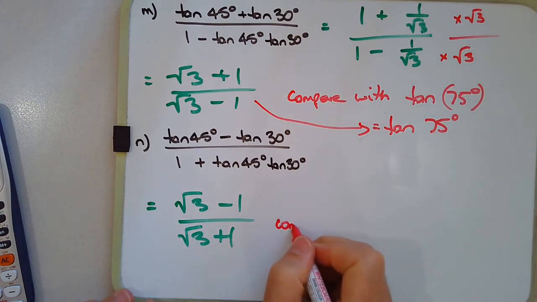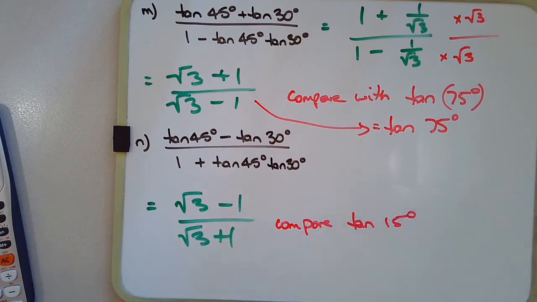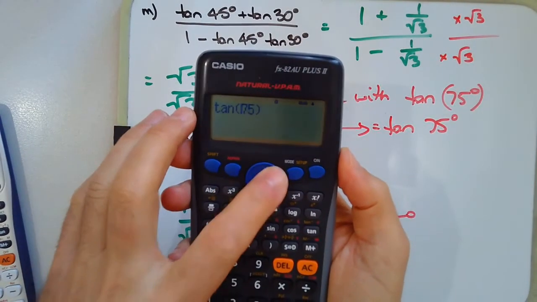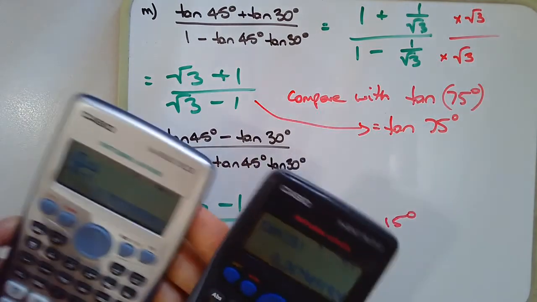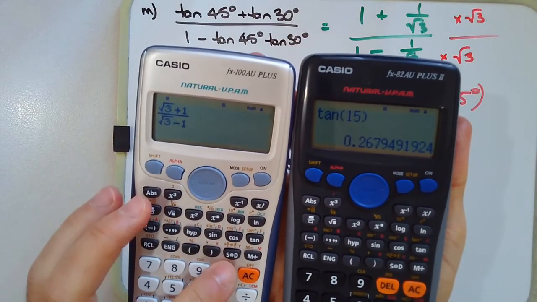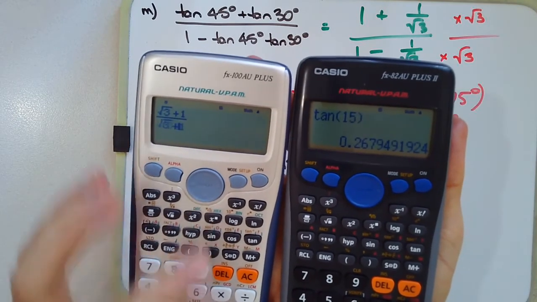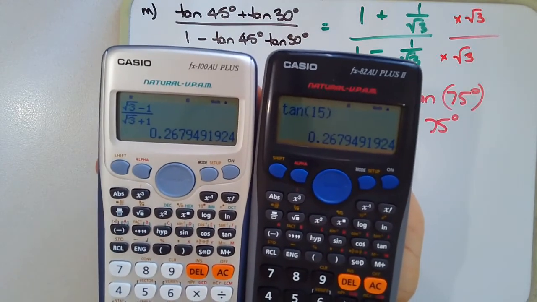Compare with, and if you said tan of 15 degrees, all right, let's see. So tan of 15, 0.26. On this calculator I might just change that to a plus, make that a minus, and there you go.